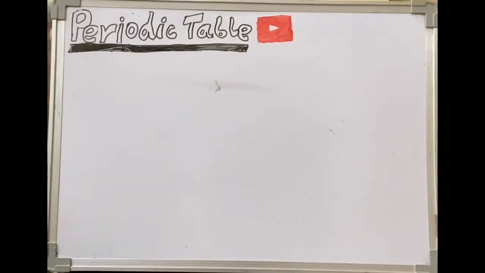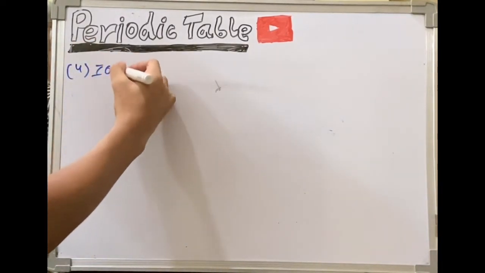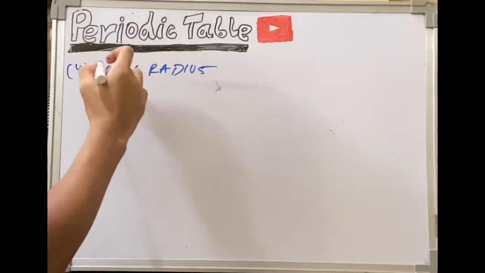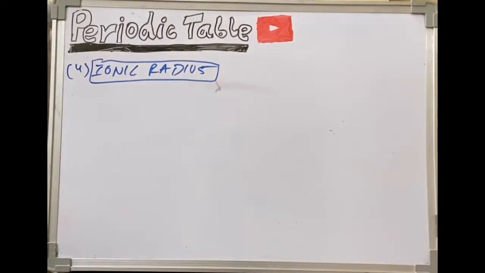So we come to the fourth type. The ionic radius is pretty fun to understand. If you want to compare the radius of a cation or an anion, you just have to remember one thing: that you're comparing the ionic radius.